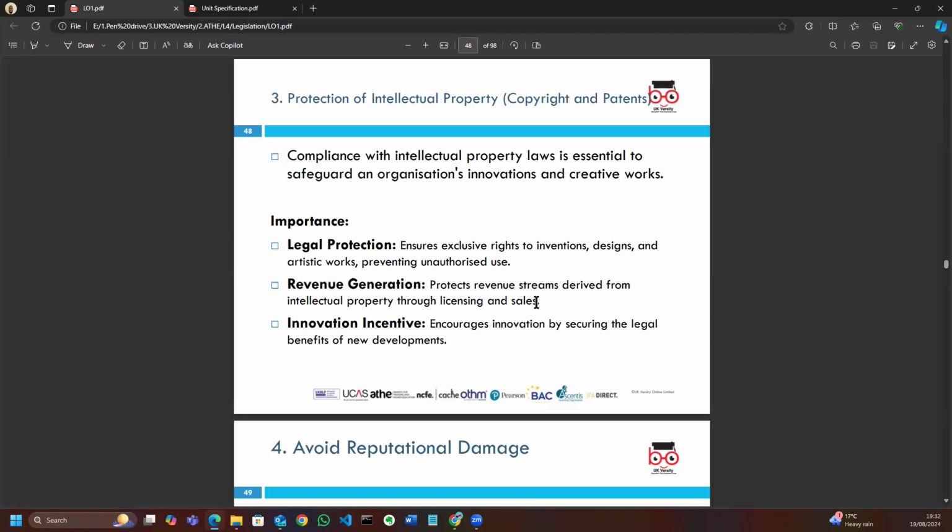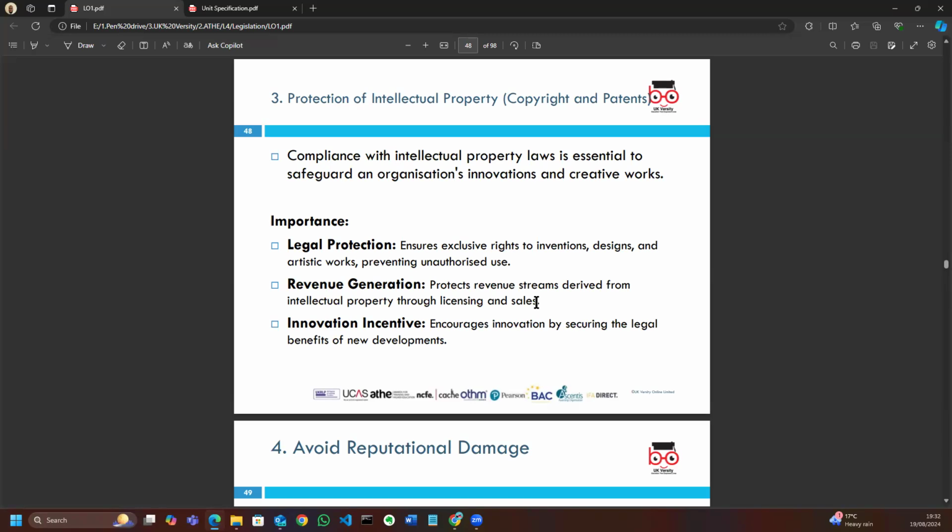It is important for legal protection, where we ensure exclusive rights to inventions, designs, and artistic works, preventing unauthorized use. This is very much similar to our trademark concept.